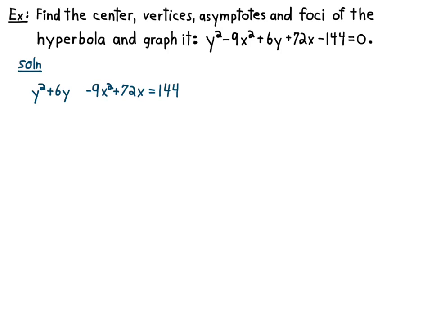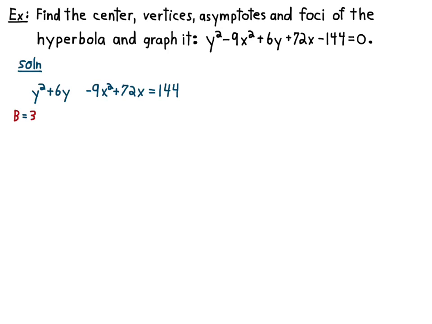So I just put the y terms together, y squared plus 6y, and the x terms together, negative 9x squared plus 72x, and then I moved the minus 44 to the right-hand side of the equation to get it out of the way. So that becomes equals 144.